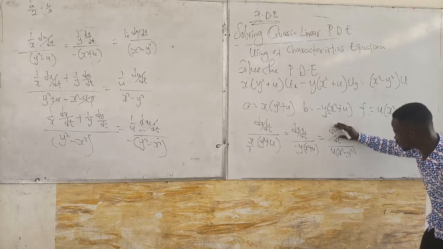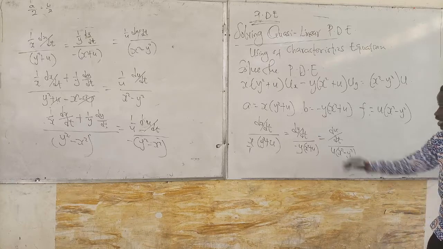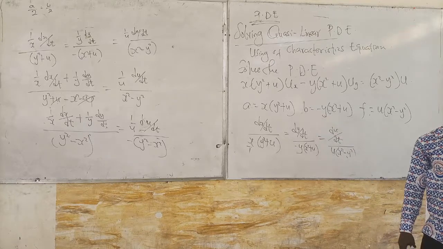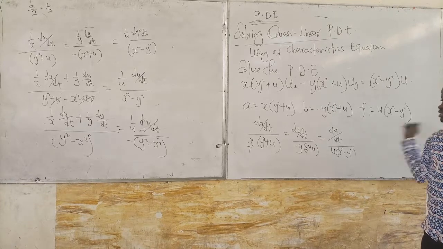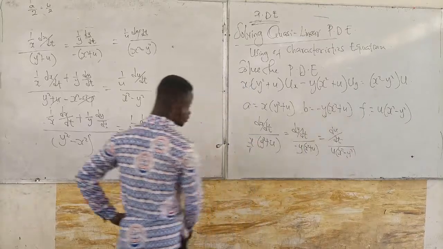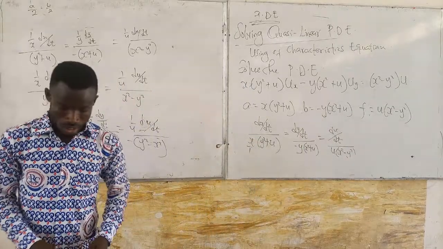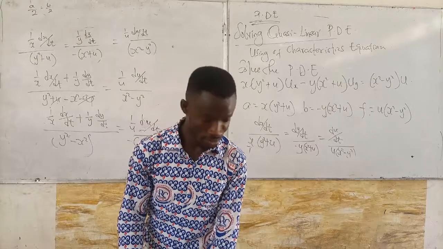So this will be in terms of one function. And this one will be in terms of the other function. This is just it. But for here, anything is technical.